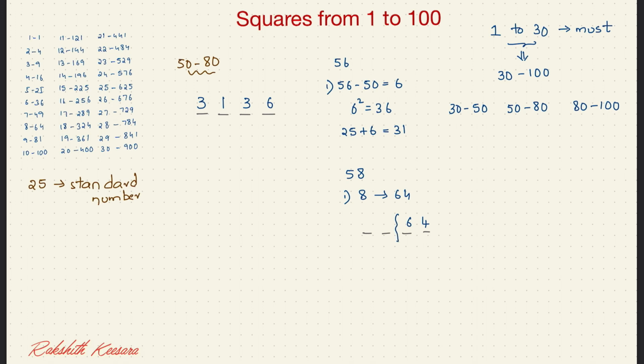And the first two will be 25 plus 8, which is 33. Let me take another number, say 59. 59 is greater than 50 by 9. 9 square is 81, and 25 plus 9 is 34. 3481. Great.